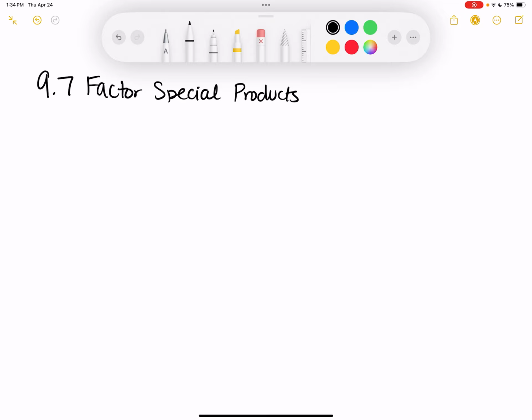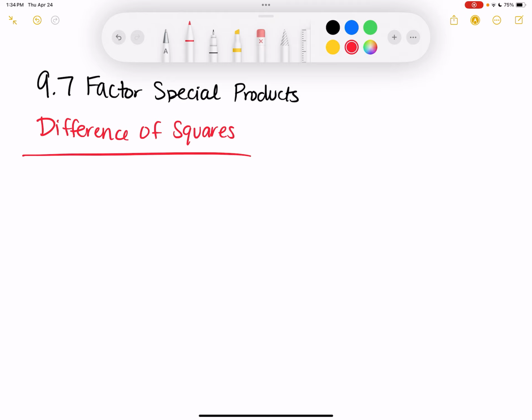So the first one, and my favorite one, is the difference of squares. This is if we have a squared minus b squared. Notice the difference in this is it just has two terms.